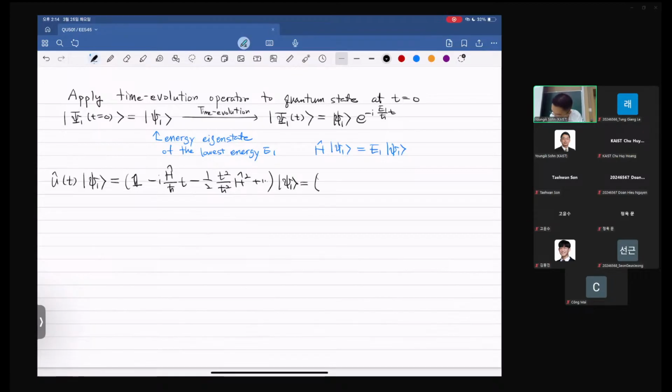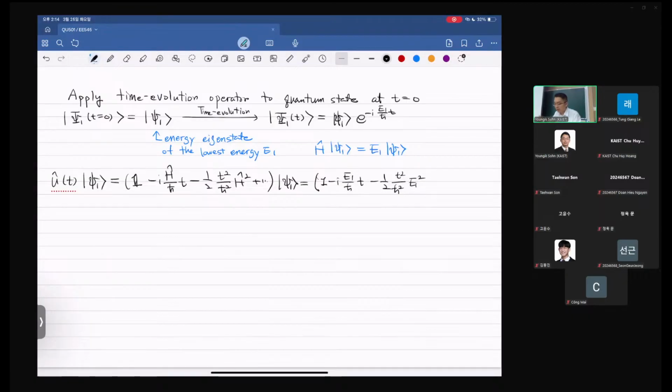And then what do you get? Our identity operator is going to just give you 1, right? And then you apply H once, you extract E1 once, right? So what you're going to get is minus i E1 t over h bar, minus one half t squared over h bar squared, and then here you get E1 squared, because you apply the H twice to our energy eigenstate, you extract E1 twice.